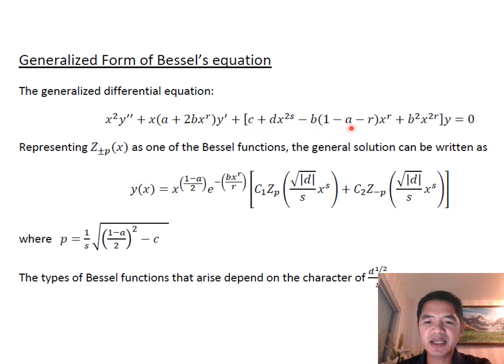The generalized form is x squared times y double prime plus x times the parenthesis (a plus 2b x to the r) times y prime plus the parenthesis (c plus d times x to the 2s, minus b times the small parenthesis (1 minus a minus r) times x to the r, plus b squared times x to the 2r) times y equal to 0.